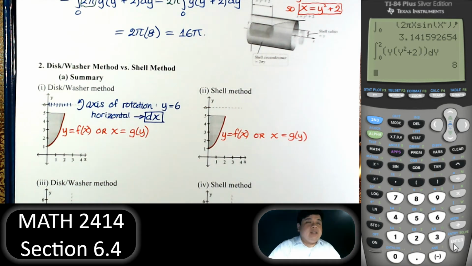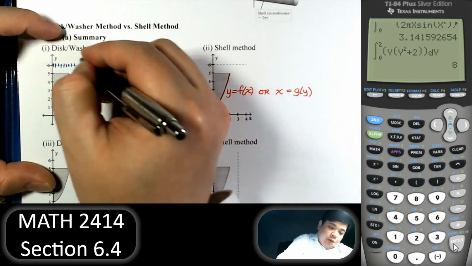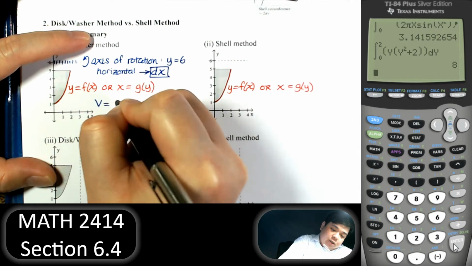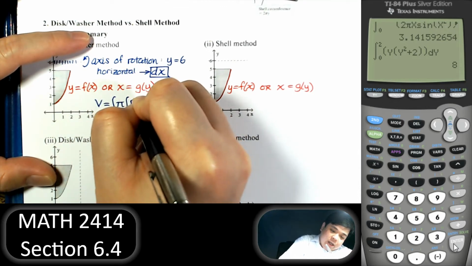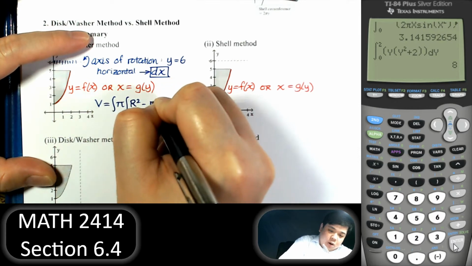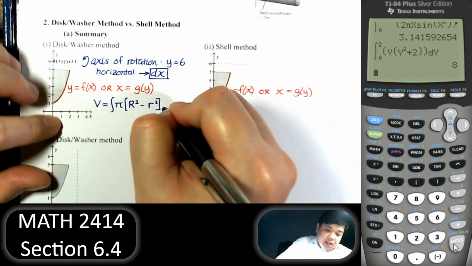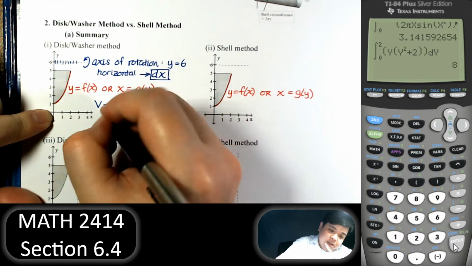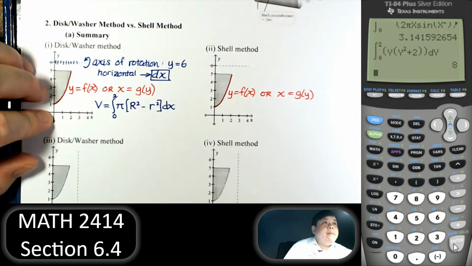So for this washer method, it is going to be V equal to pi times big R squared minus little r squared, and in this case it is going to be dx. And x goes from 0 to 2 for this region.